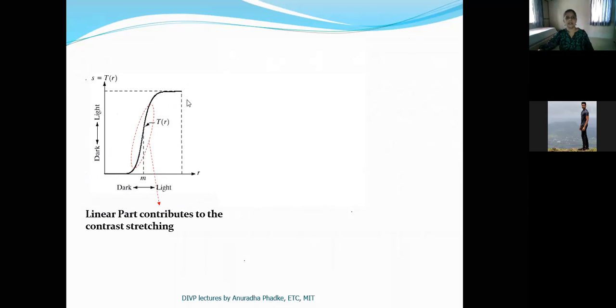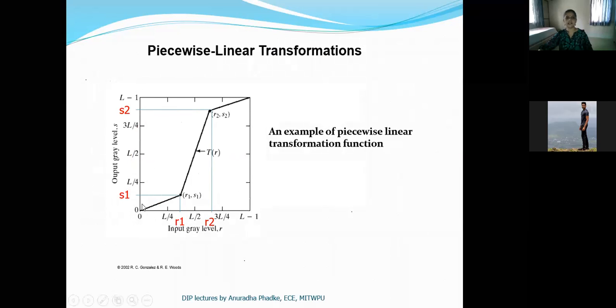So this original S-shaped curve, which is continuous in nature, will look as shown here after piecewise linear transformation. So this is your contrast stretching operation in terms of piecewise linear transformation.